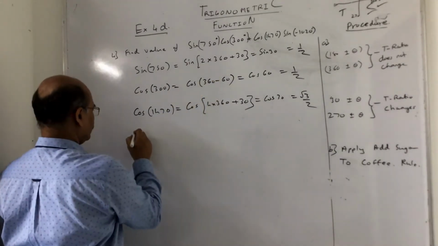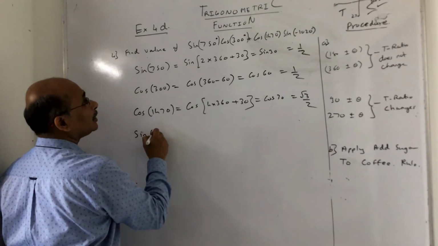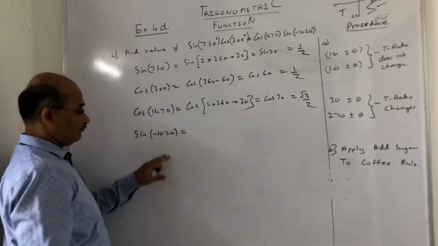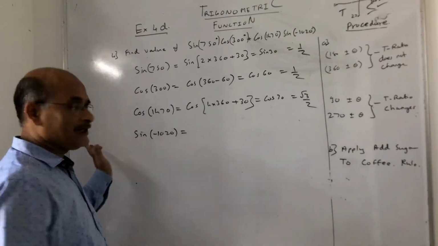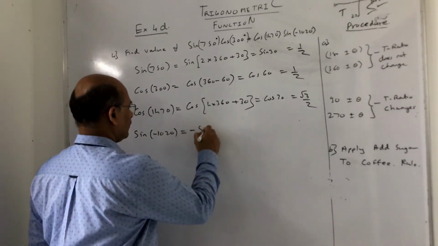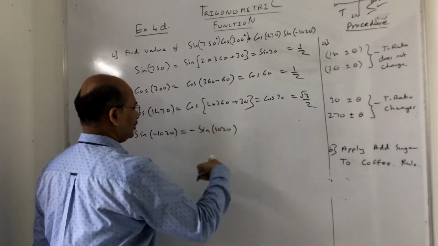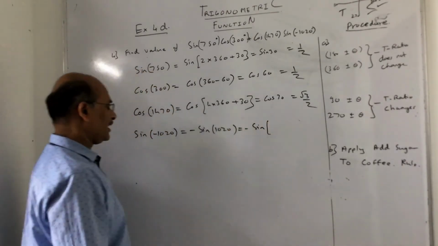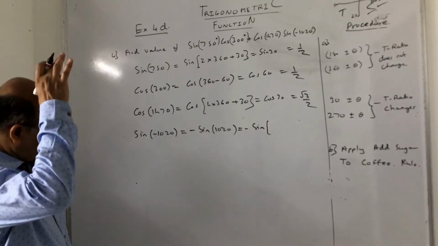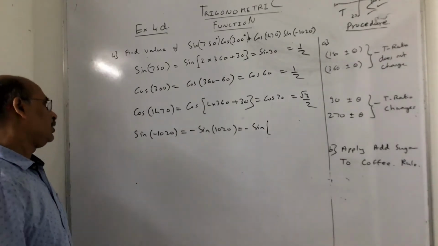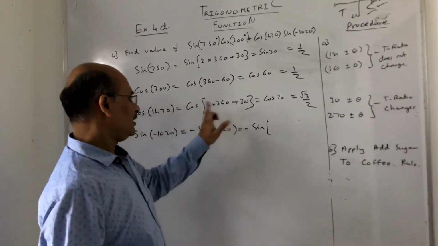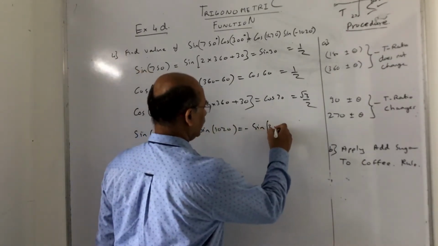Finally, sine of minus 1020. Sine of minus theta is minus sine theta. So minus sine 1020, right? So basically what I can do is sine of 3 into 360.